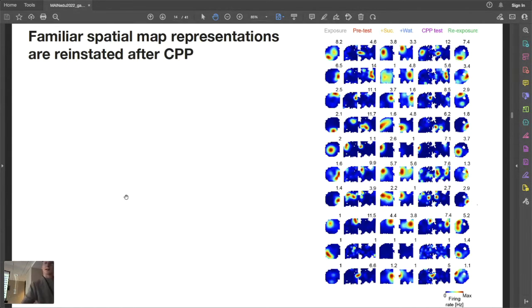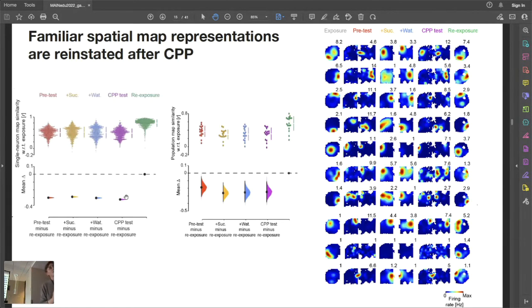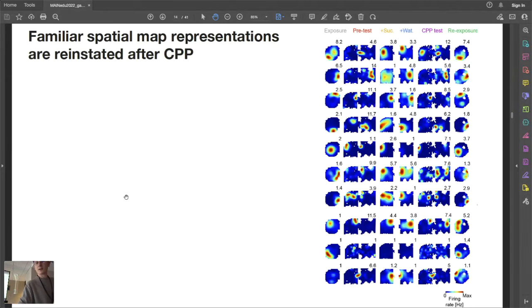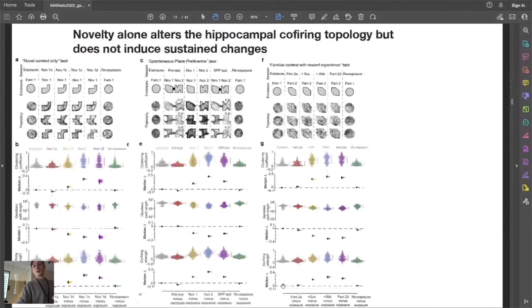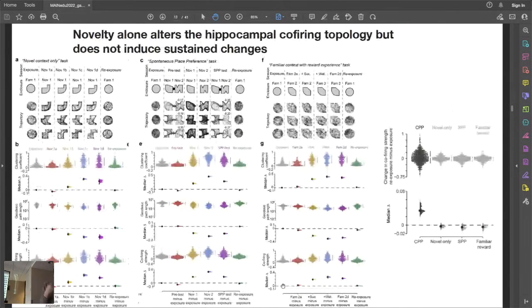suggesting, and here is a quantification, that there is a reinstatement of the familiar map, which is a kind of byproduct of the fact that, as I showed in this little snippet here, we do see the same co-firing re-emerging at the end. So we're not surprised to see the same maps reappearing as well.